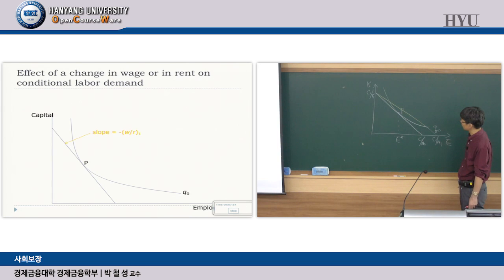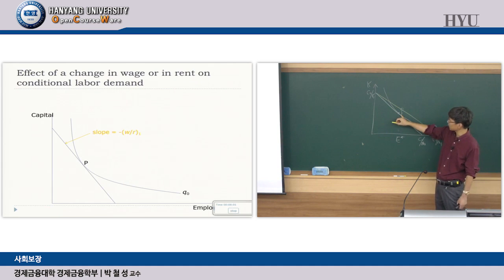So now what happens here is that the firm should find the new optimum. Okay? So P is not the optimum, obviously. So what they should do is look at the new optimum. They should, in a way, push the new isocost curve inward, right?